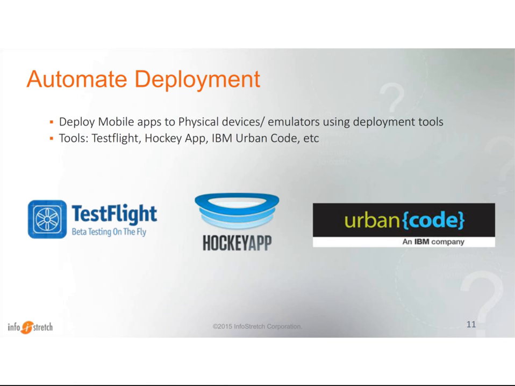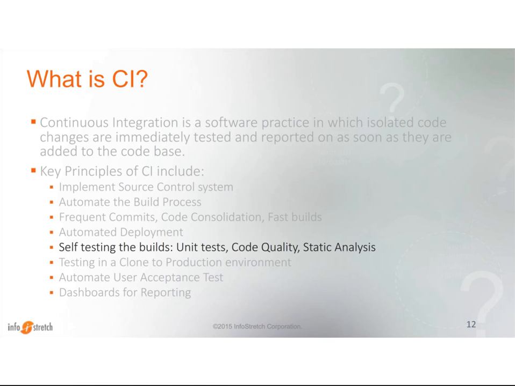So it's very important to achieve CI, that whole automation from end to end, once the code is checked in, to the deployment and the testing being taken care of. The other key principle is self-testing the build.